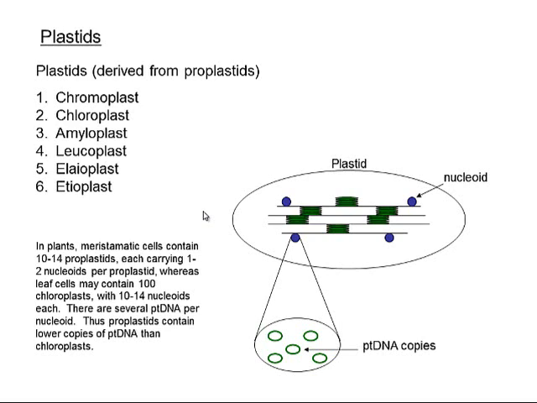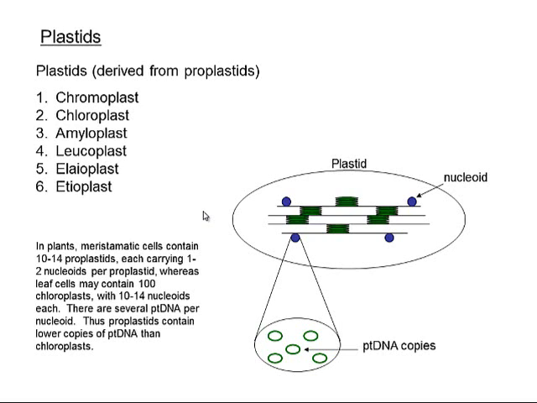So when you're trying to get the DNA initially into the cells in order to transform, you want lots of plastid DNA there to facilitate the recombination. So the ideal tissue is chloroplasts. Got lots of chloroplasts per cell, lots of nucleoids per chloroplast, and several copies of plastid DNA per nucleoid.